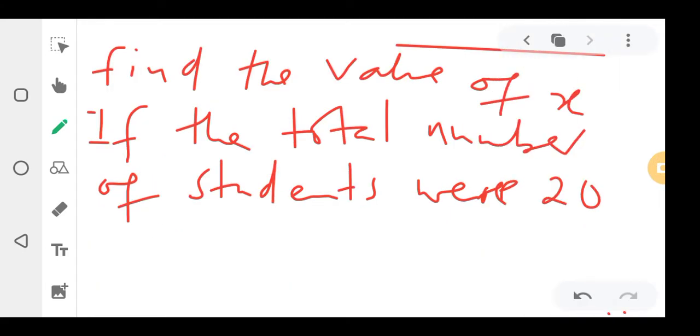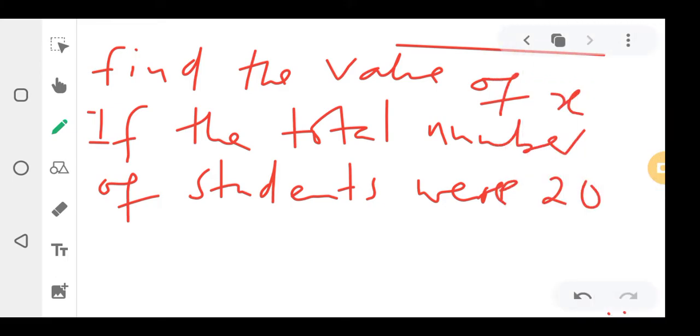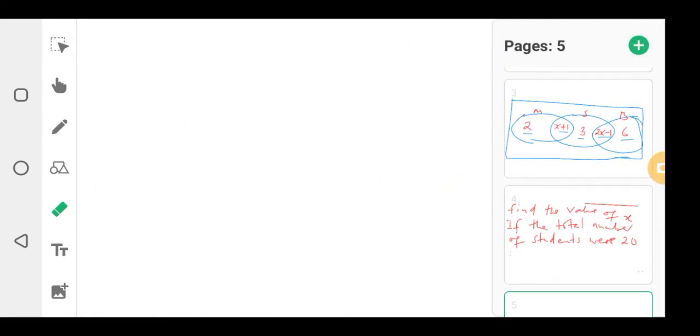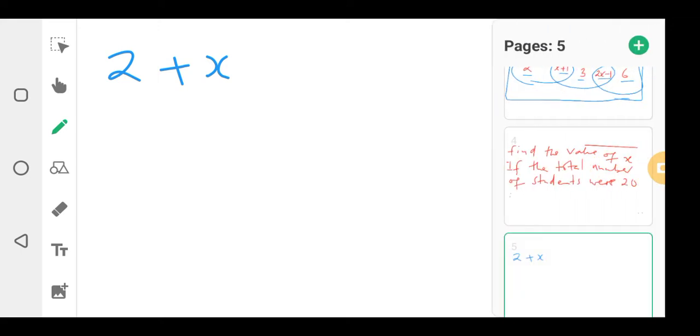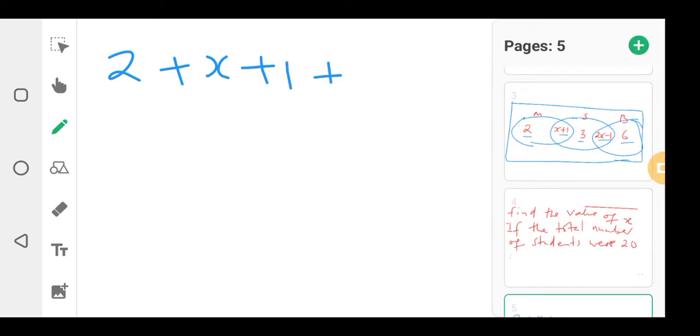Okay? So I'll go on the next page. It will be 2 plus x plus 1 plus the other number there, 3.